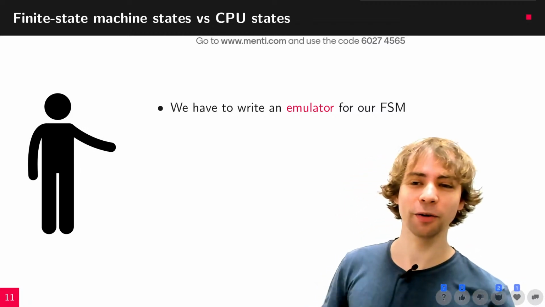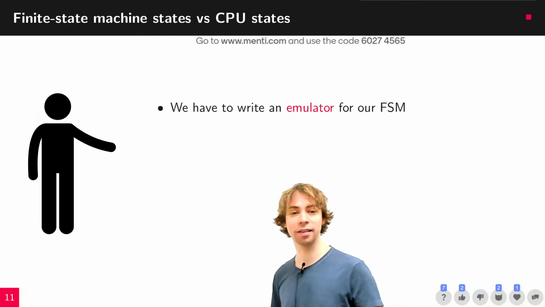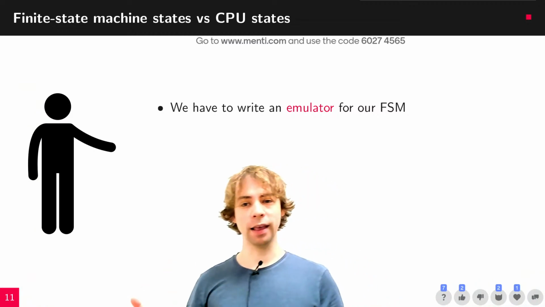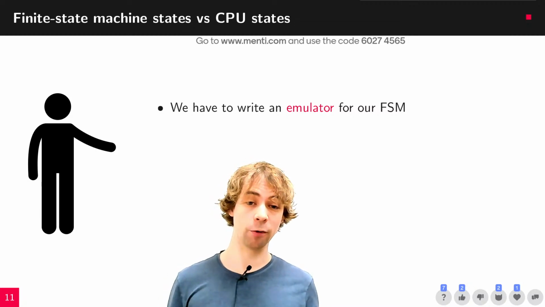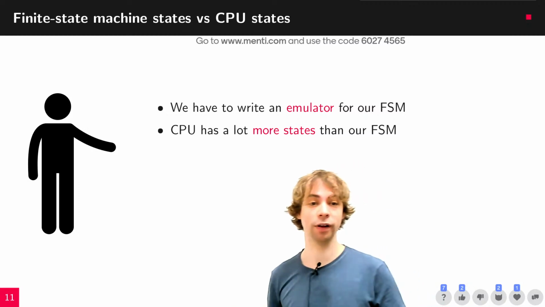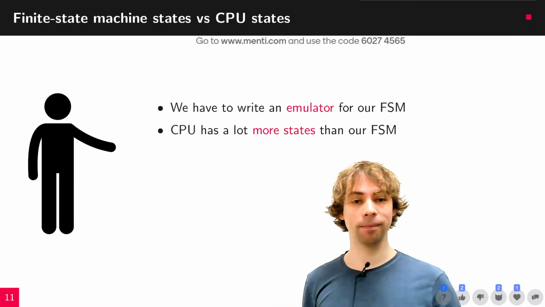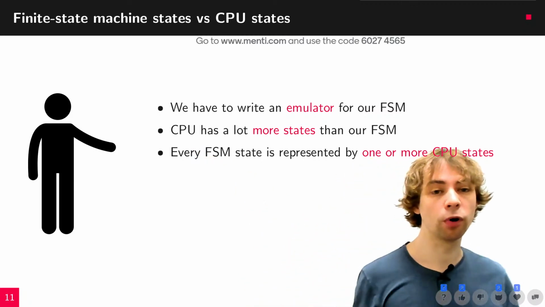Let's just continue with the finite state machine and the CPU states. If we think about an emulator for a finite state machine, a program that we write, the CPU has a lot more states than our finite state machine. Every state of our finite state machine is now represented by one or more CPU states.